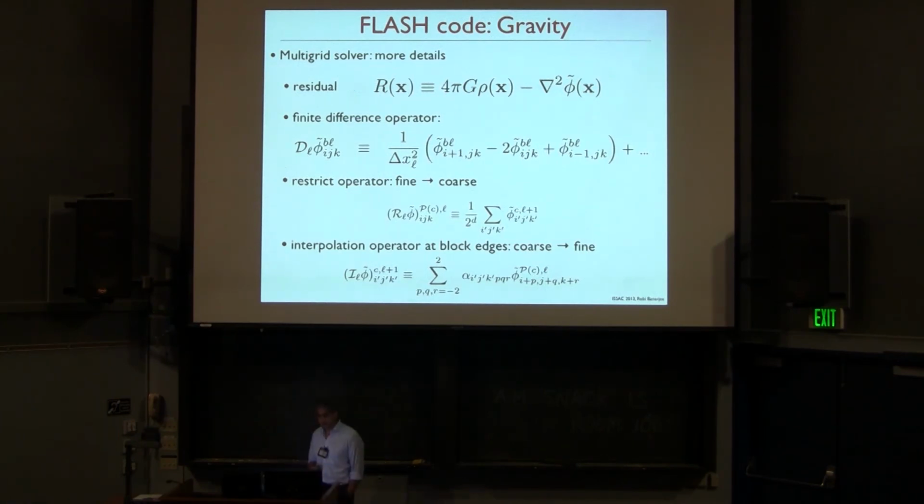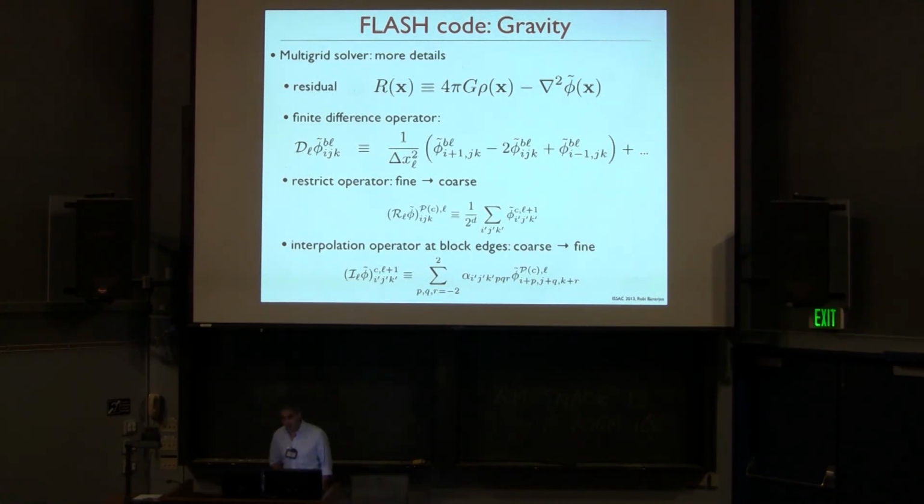Then you need a finite difference operator to do this calculation. This is just a finite difference operator of the Laplacian. This is straightforward. This is in the x direction, and you add the terms also for the y and z direction.